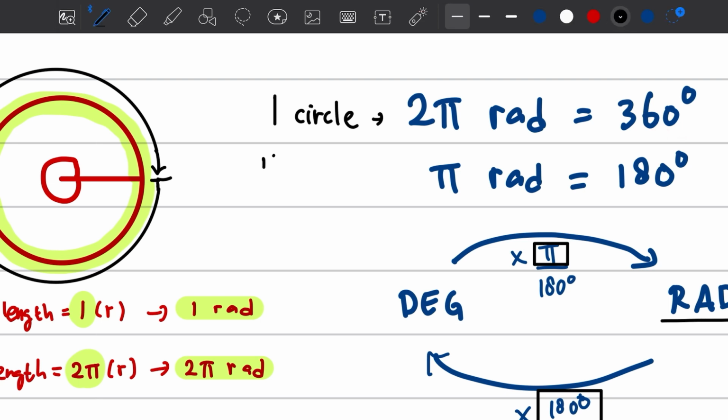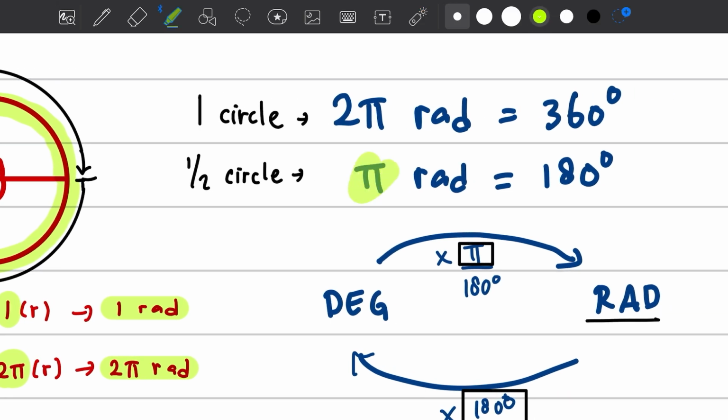That means if I take only half a circle, I have pi radian equals 180 degrees. By knowing this fact, we can know how to convert degree to radian and radian to degree by using this convention. Pi radian equals 180 degrees.